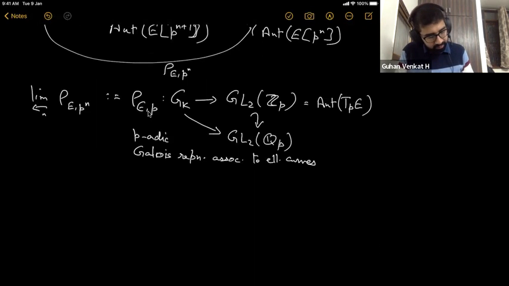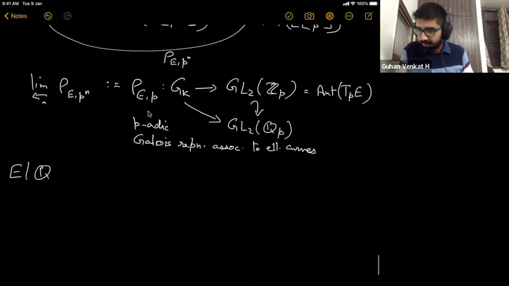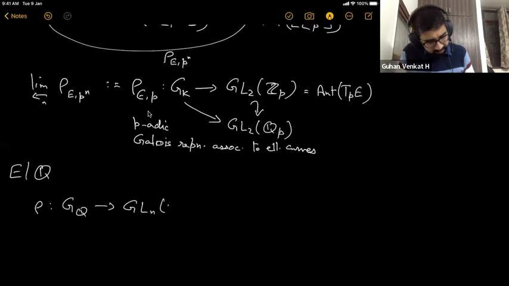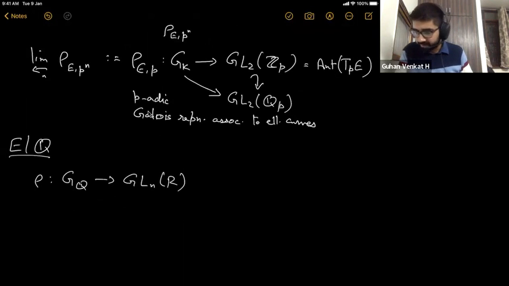Okay, so for the rest of the talk, I'll only talk about elliptic curves over the rational numbers. And say for now we have an arbitrary Galois representation, it's not associated to the elliptic curve. I'll come to that soon. I just want to fix some more notation.